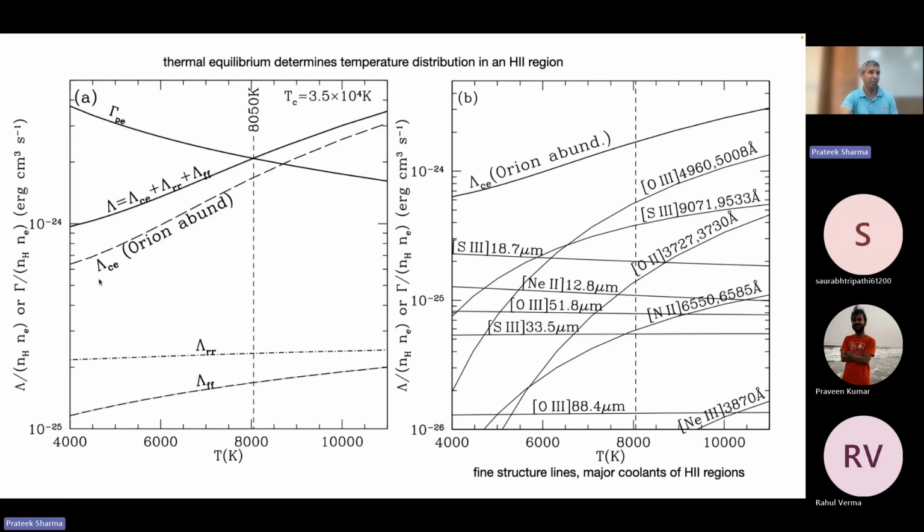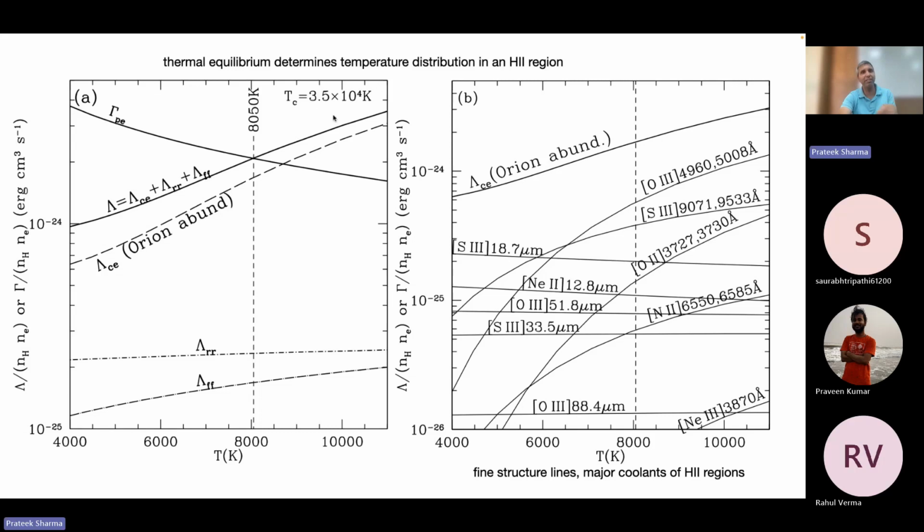You can see it's almost a factor of 5 more than these. And this is for abundances in Orion. These things depend on abundances. If you don't have any metals, you cannot excite metal lines, so this will come down if your metallicity is low. And this is the sum of all three pathways: the collisional excitation of metals, which produces forbidden lines, radiative recombination, and the free emission as a function of temperature.